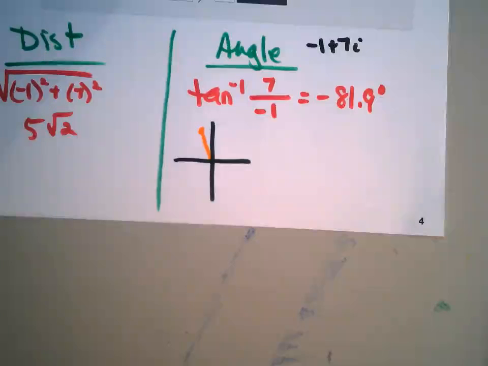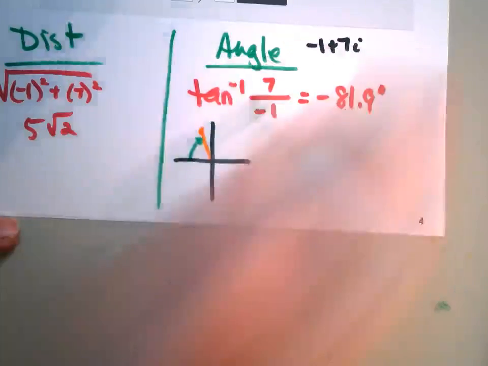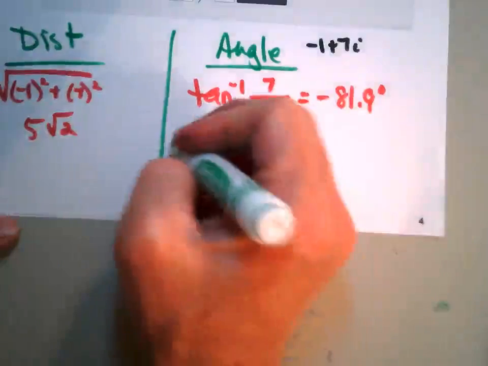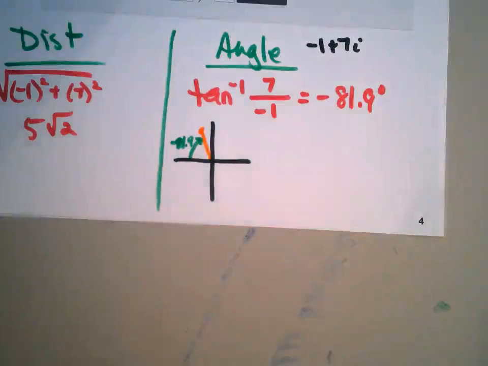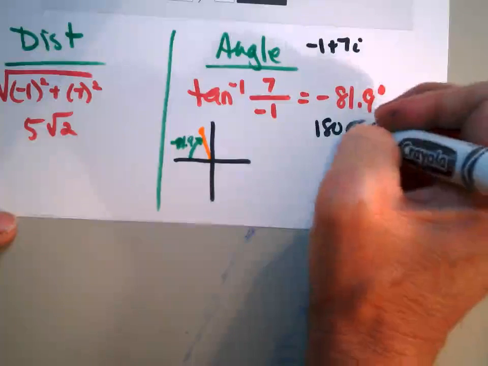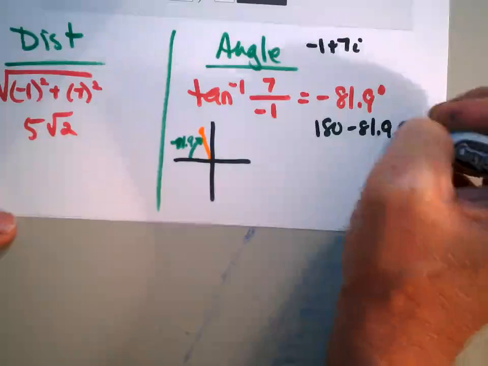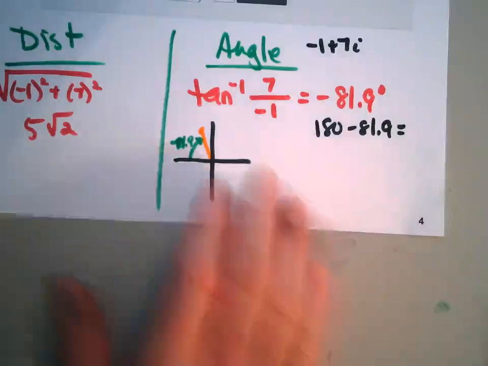That's going to give us a value from the x-axis in a negative direction, 81.9. So we're going to have to come from 180 degrees and take away 81.9 to get the actual angle for our answer.